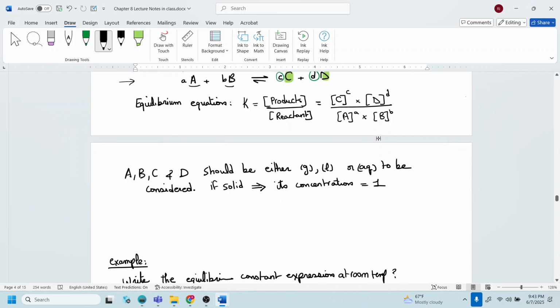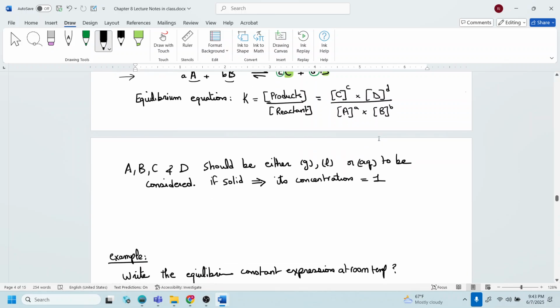Okay, so let's say, for example, if I have sodium solid in the chemical equation, all solid reactants or products do not contribute to the equilibrium constant. So sodium solid has a concentration equal to 1. If I have, for example, copper solid, then the concentration of copper is equal to 1.